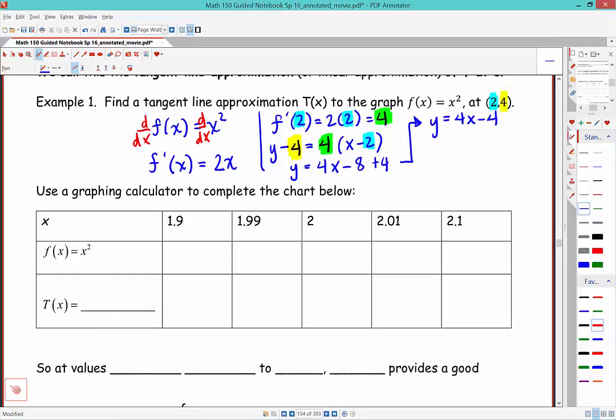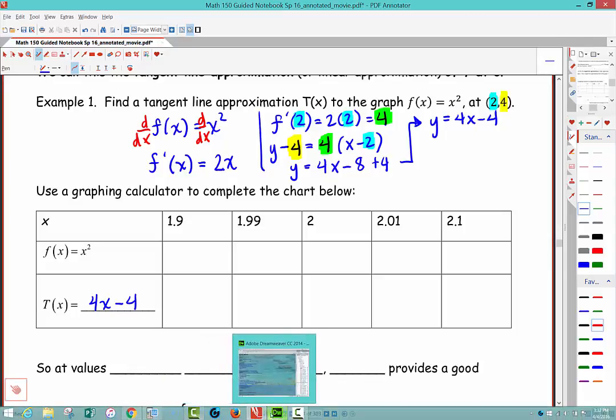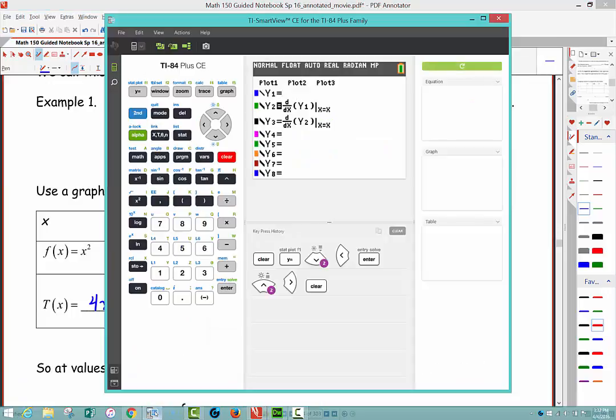Now we're going to write it down here. Instead of denoting this as y, we're going to denote this as T at x. So that gives us 4 times x minus 4. Now let's take a look at this chart here. I'm going to grab my graphing calculator.